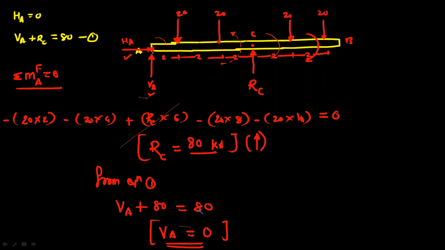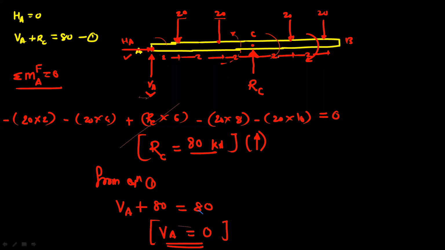So there is no reaction at point A. The reason is, if you observe, Rc is exactly at the center of these loads. The 20 loads are at distance 2 meter and 4 meter, and also on the right hand side, this 20 and this 20 are at the same distance. And therefore at this point, we don't have any reaction.